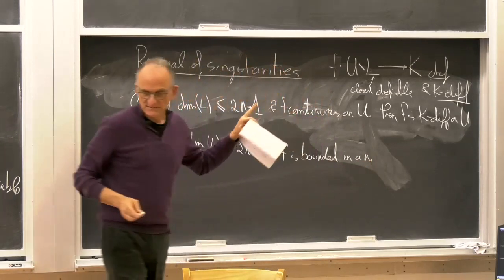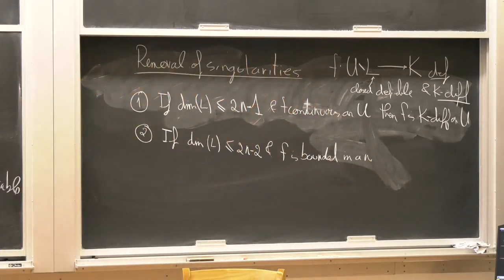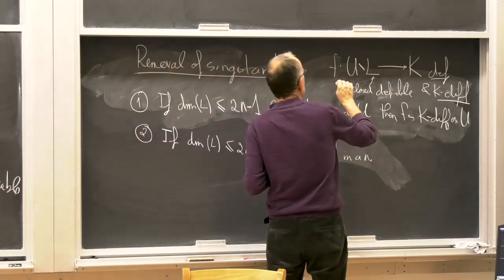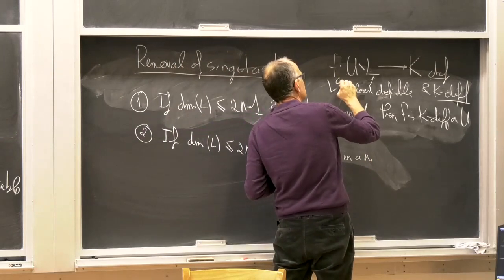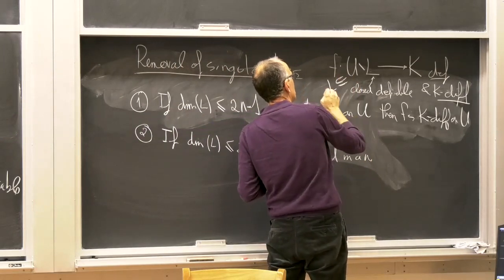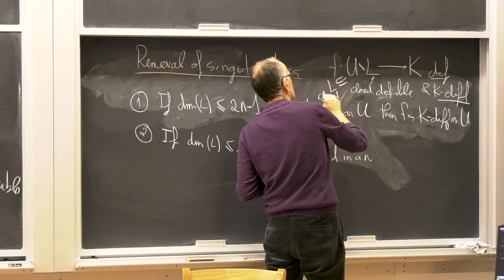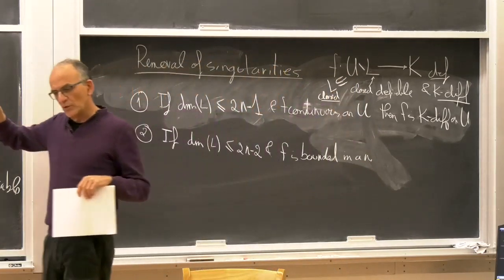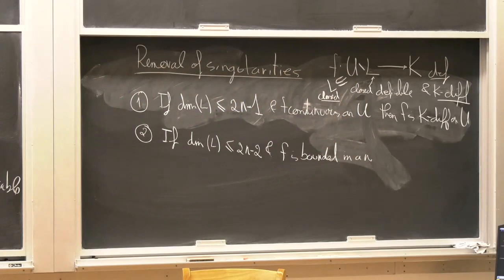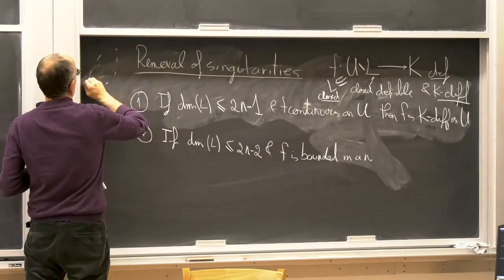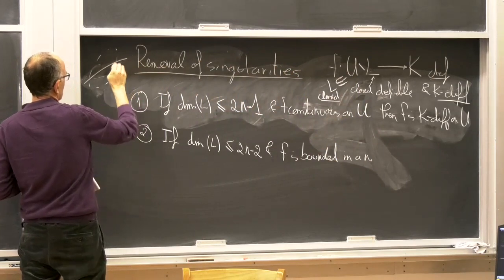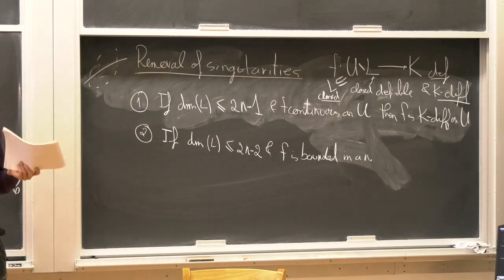So maybe it's better to say that L is a closed subset of U. I think this is better, because now I'm slightly worried what happens in the boundaries. If L could go out of the boundary, I don't remember if we allow that. No, I think it's not a problem because it's local.